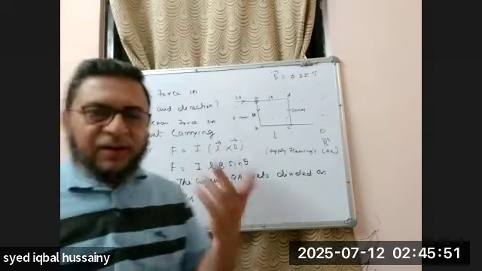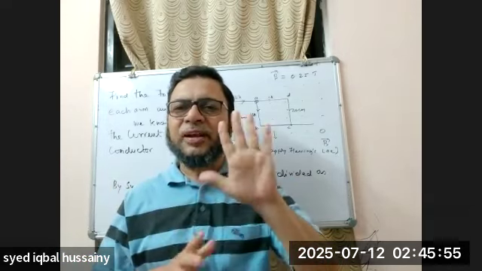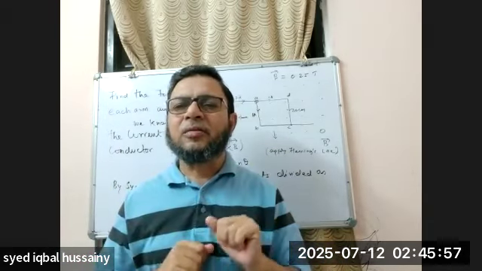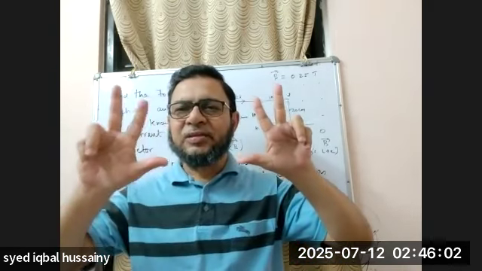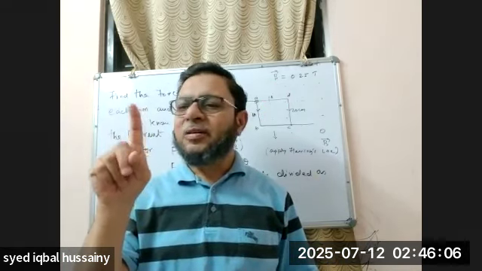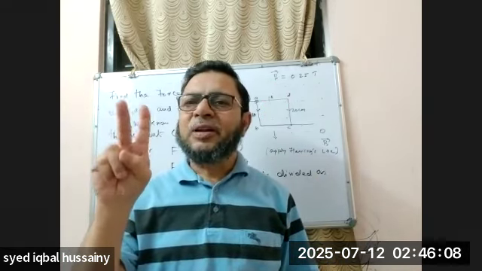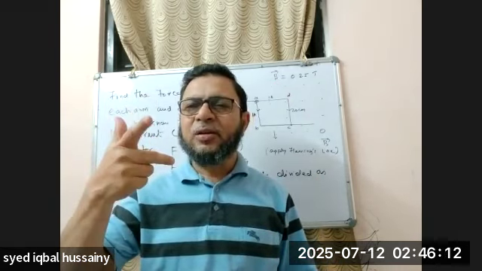Those who forget the left hand rule and right hand rule, I'll explain. You studied Fleming's left hand rule and Fleming's right hand rule. Whichever rule, we use the first three fingers: the index finger, the middle finger, and then the thumb. We keep them mutually perpendicular to each other.